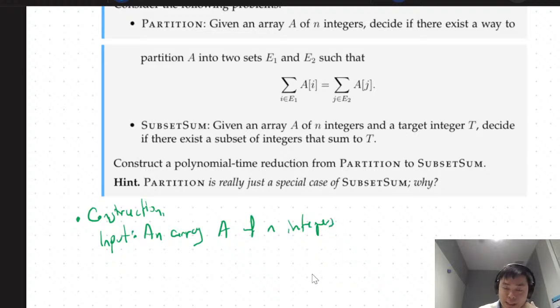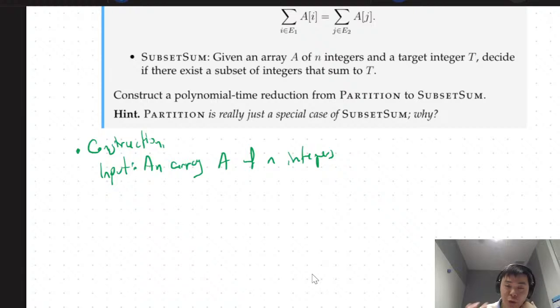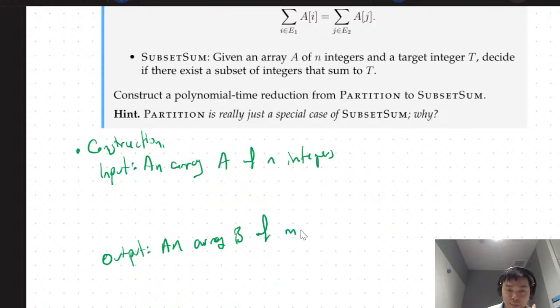And what we would like to do is to spit out a new array. So the output is a new array. It could also be the same array, but in general, we just assume that the array is a new array of, say, m integers. And an integer t. And here we get to choose what value of t we want. So any thoughts on what the construction would look like?